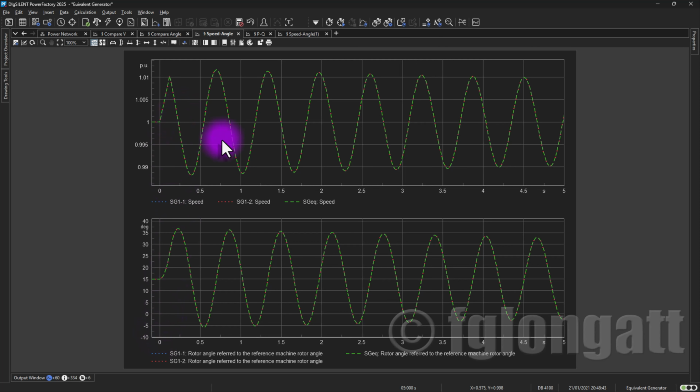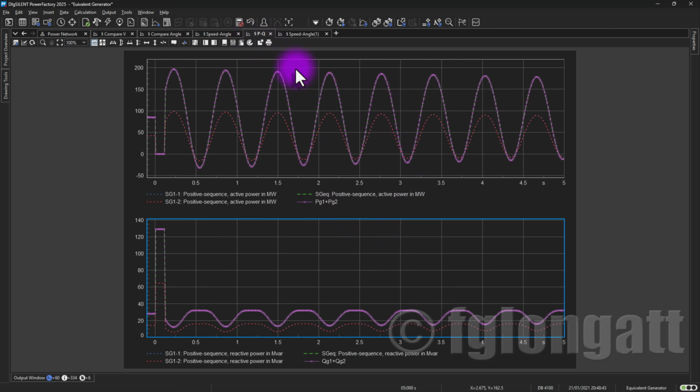What is interesting is that you can see that I am representing the individual rotor speed for the generators and the equivalent generator, and you can see the perfect match between them. And also there is a perfect match when we are talking about the phase angle. Now let me show you here the two important electrical quantities.